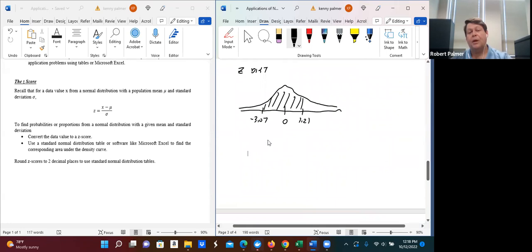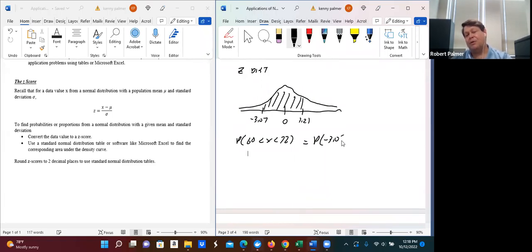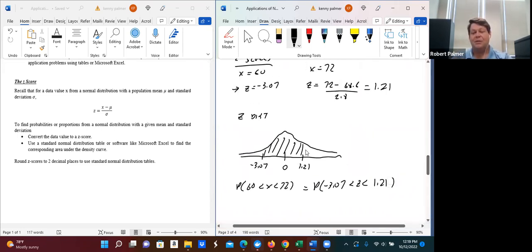Okay. Once again, the probability that x is between 60 and 72 inches is the same as the probability that z is between negative 3.07 and 1.21. If you saw my previous video, we saw how to do this. The table doesn't give us this directly, but remember what the table or Excel gives us is the area to the left.